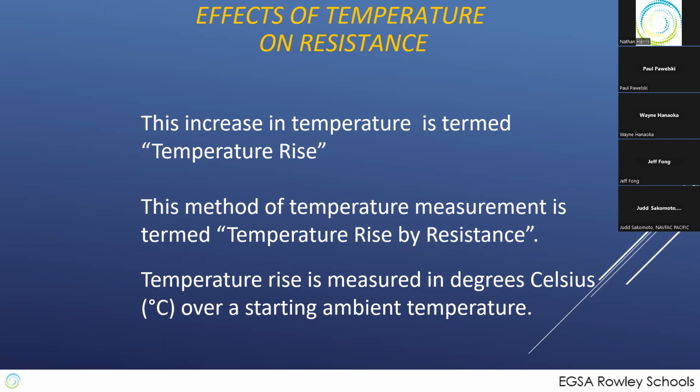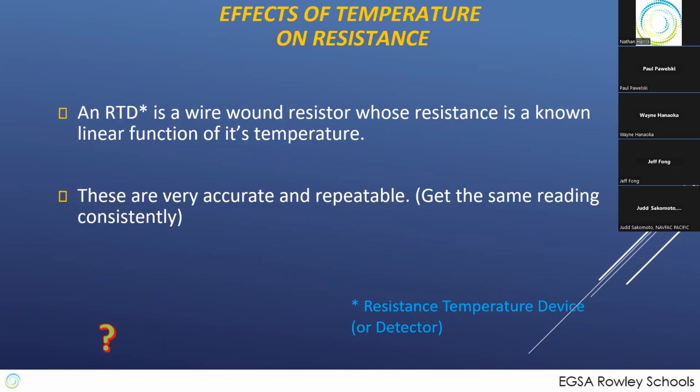But the problem is that measuring rise by resistance, by measuring the resistance of the coils in the generator, doesn't work while the machine's running. You can't measure resistance in an active circuit. You need an inactive circuit, because resistance is a physical property, not an electrical flow property. So for that, we have RTDs, resistance temperature devices, or resistance temperature detectors.